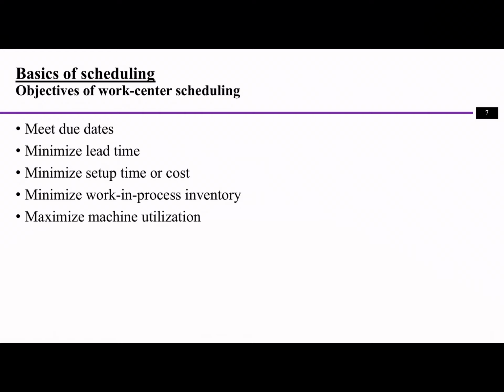And when scheduling work, we want to reduce work in process inventory, because if the parts are not moving on the shop floor, it means we are losing money. So we do not want to have parts sitting on the shop floor for a long time. And of course, maximize machine utilization.